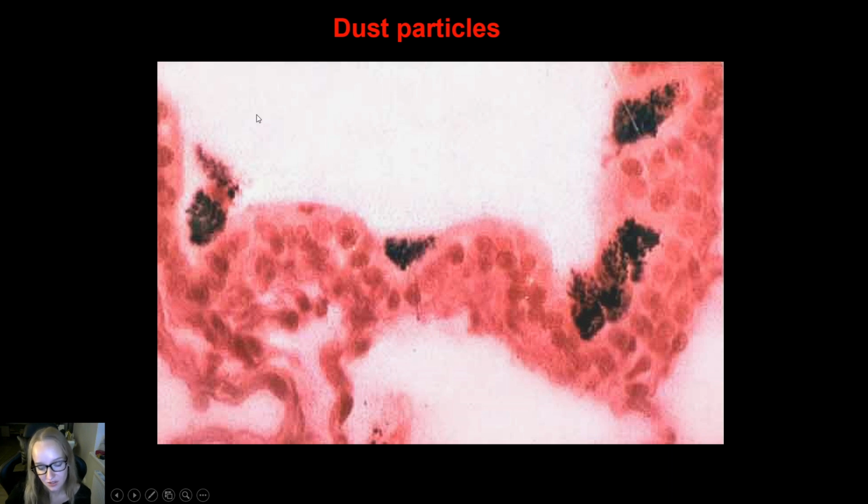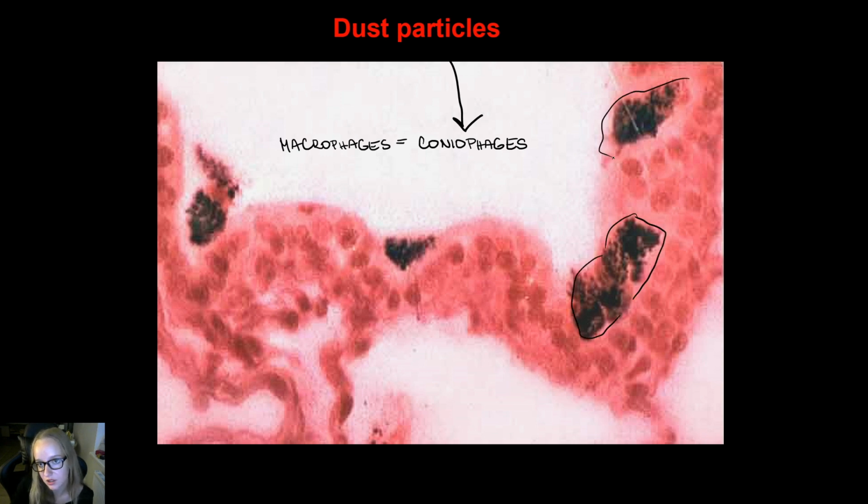Macrophages are the same as coniophages in the lungs, but coniophages have eaten up dust particles. So these are the cells, coniophages, which are full of dust particles because they're cleaning your lungs. You should be happy that you have those guys.